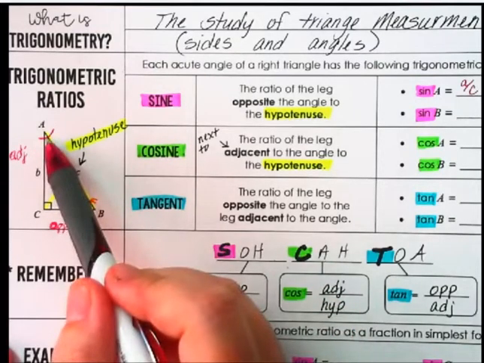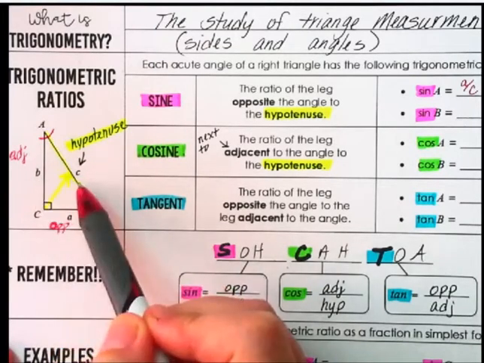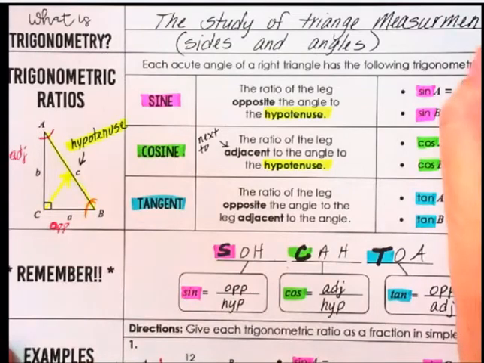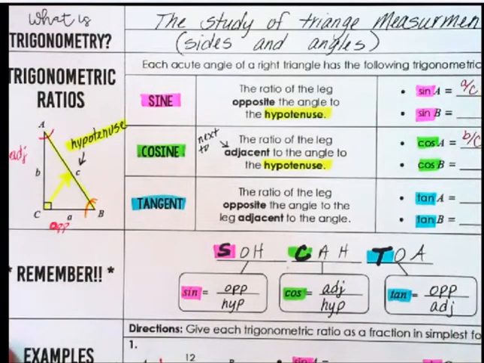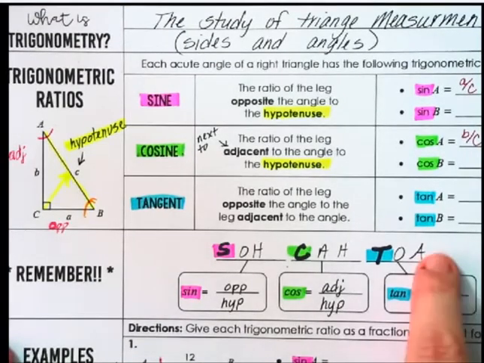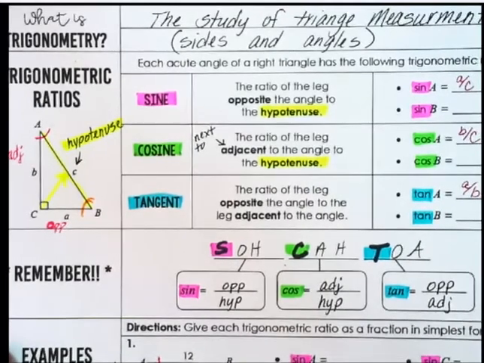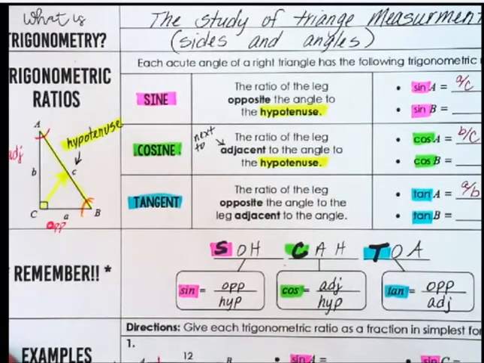For angle A, the adjacent side is B, and the hypotenuse is still C. So B over C. And now our tangent of angle A is going to be the opposite side over the adjacent side, so A over B. Now, we're just doing an example with variables. We will have numbers when we start to actually solve these.